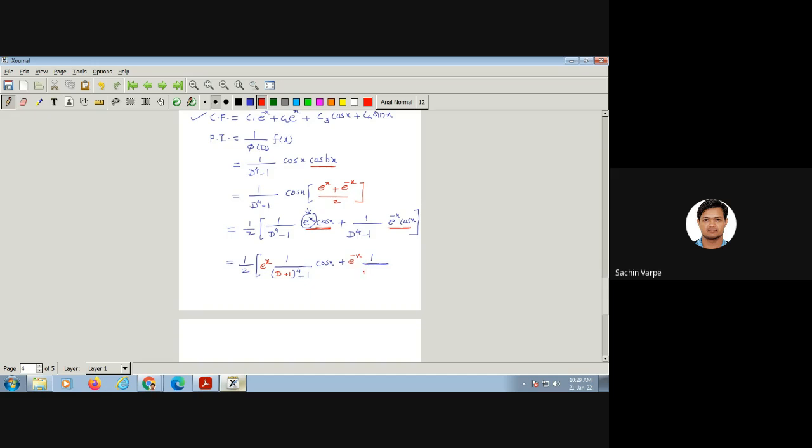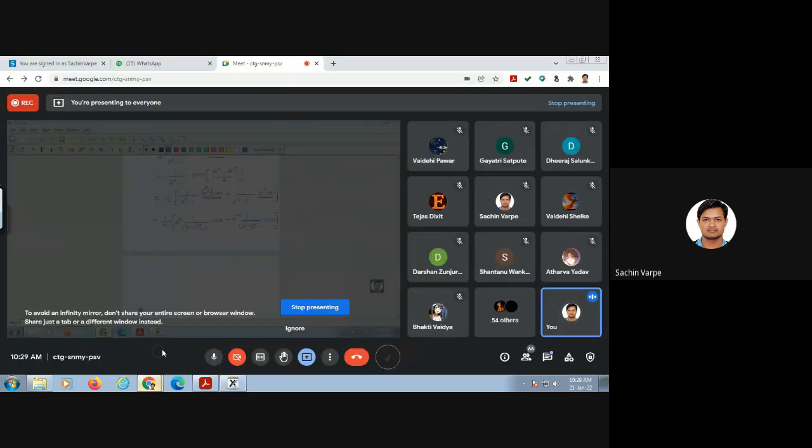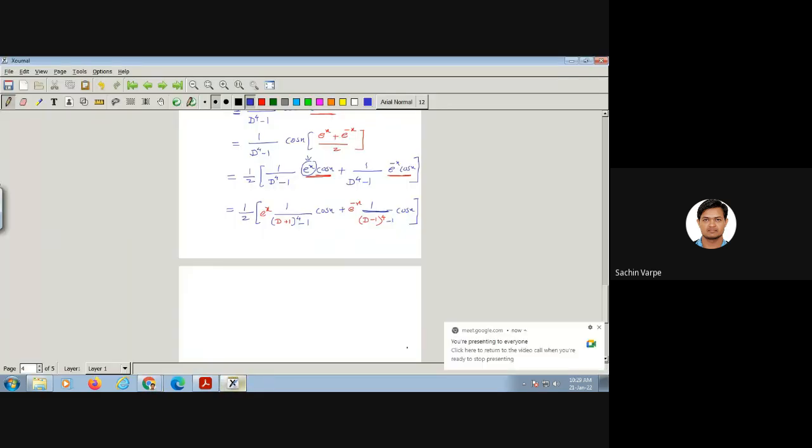D will be replaced by D plus a, but a is minus 1, so D minus 1 raised to 4 minus 1, that is operated on cos x. Is this step clear to everyone by using case number 5? Everyone reply in the chat box. Is it clear to everyone up to here?